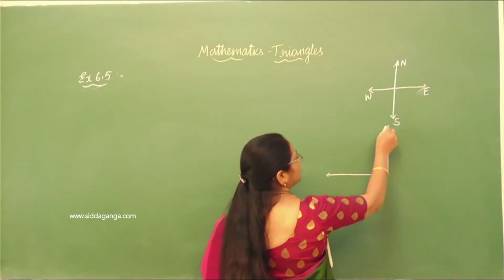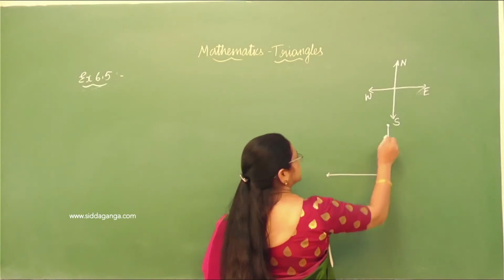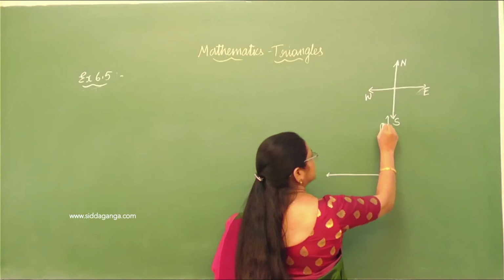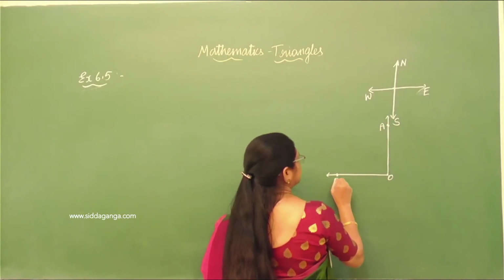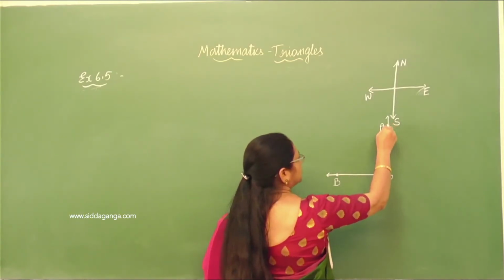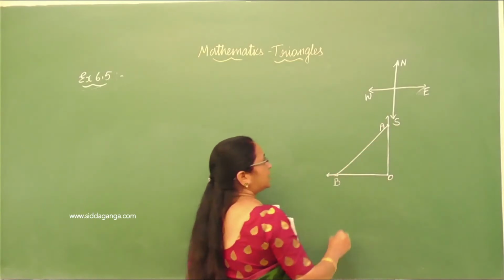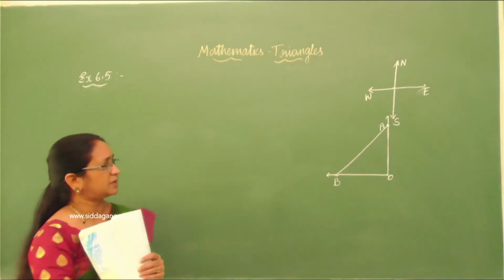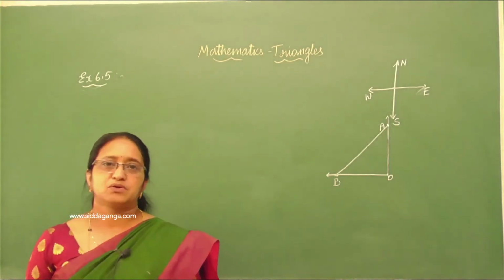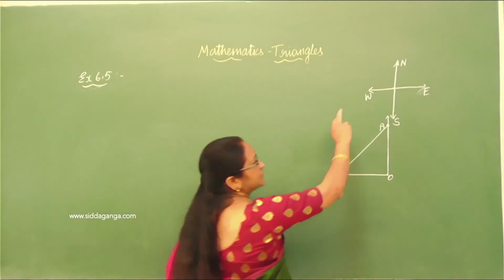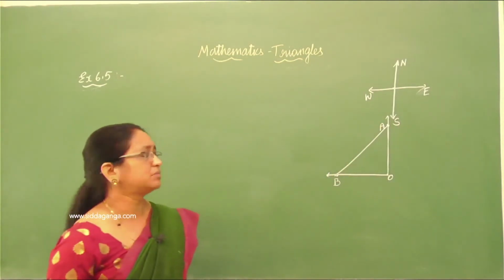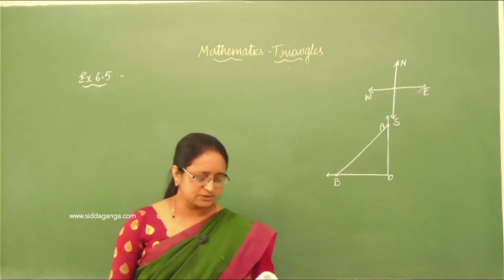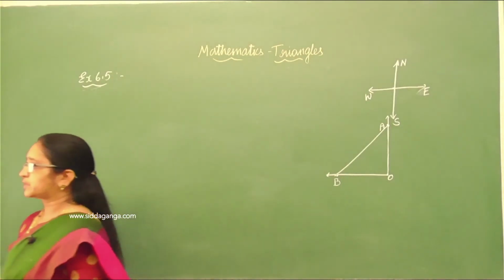For example, this is OA and this is B. Now you have to find out how far apart they are after 1.5 hours. This is a simple right angle triangle you will get. Only thing is you should know the directions and draw the diagram carefully. That's it. It's an easy and interesting problem also. So now let us start.